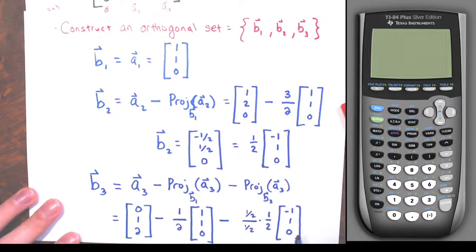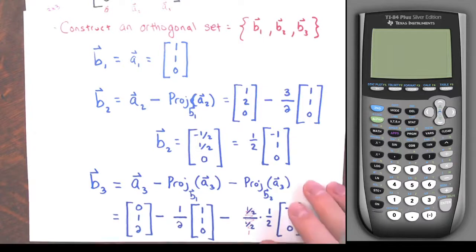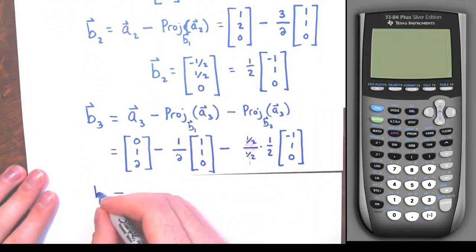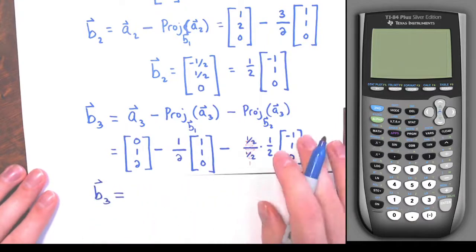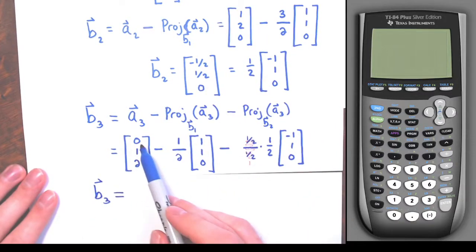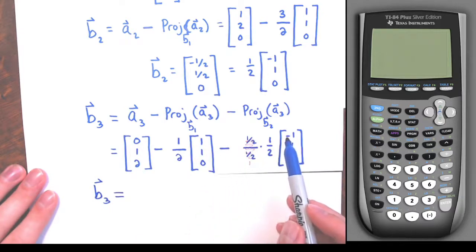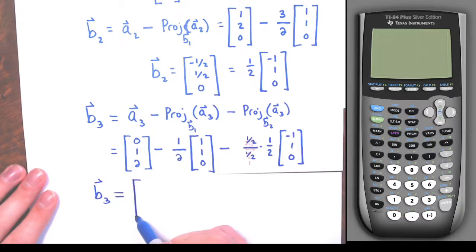Okay, wonderful. And then let's put all this together. The halves here I don't really need; a half divided by a half is just 1. And then putting this stuff together, we get our third vector in the orthogonal set that we're trying to create. So B3 equals, first component, 0 minus a half plus a half.